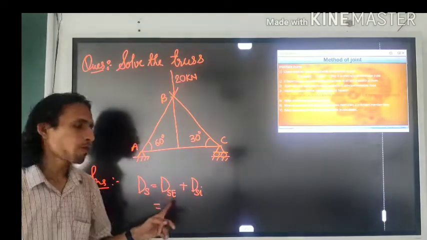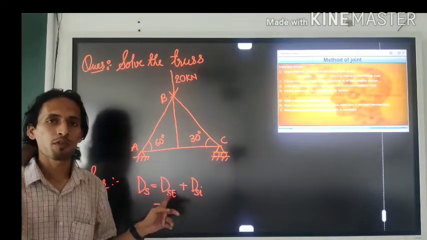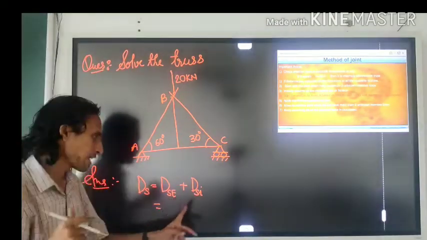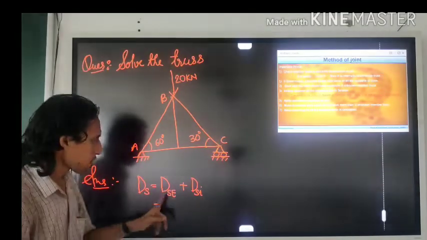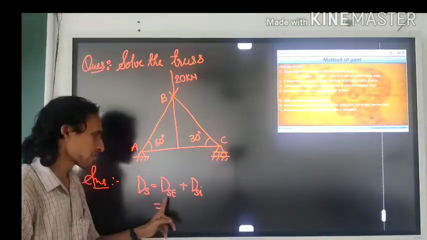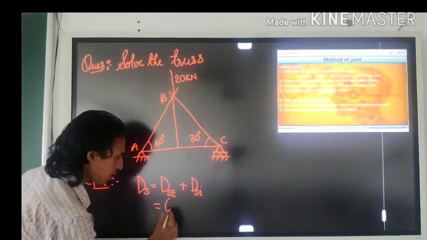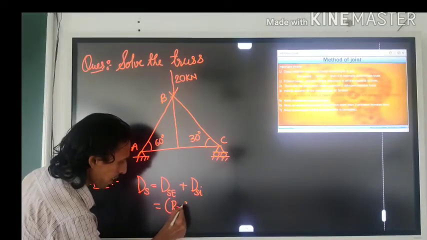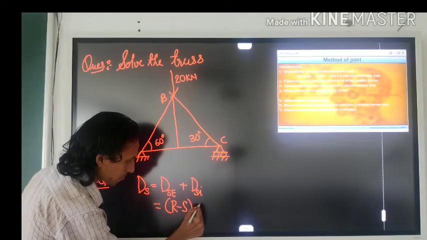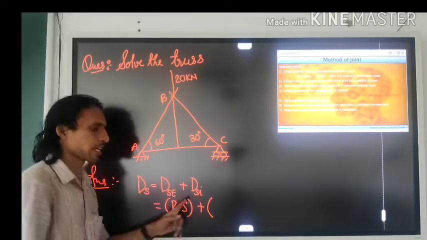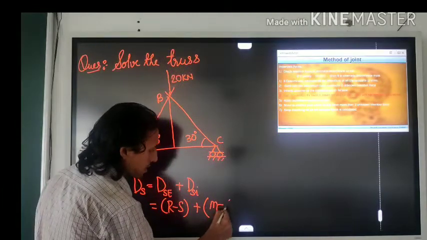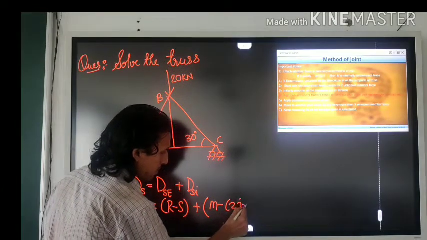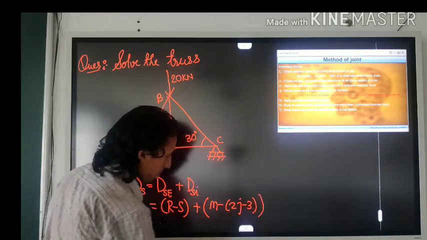You can go back to your notes from the previous semester and see how this comes. First, for external indeterminacy, the formula is alpha minus S. Then for internal, the formula is M minus 2J minus 3.